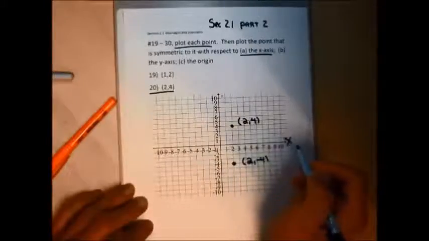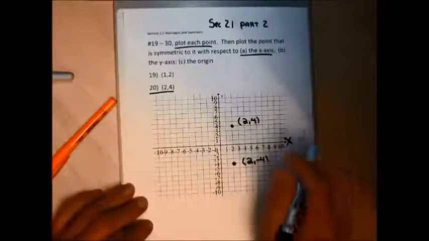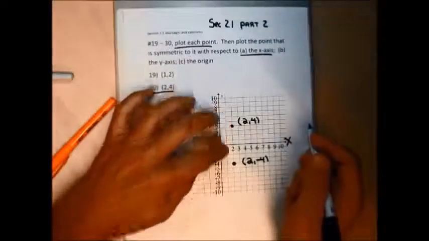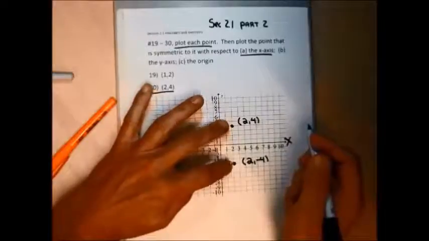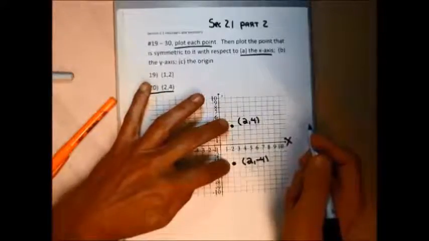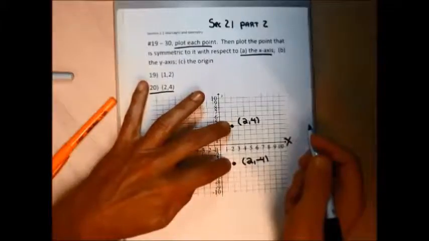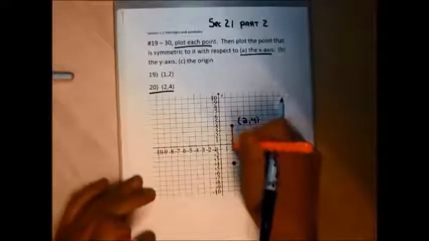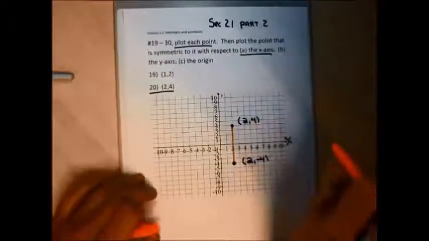we would say is its point of symmetry across the x-axis. So the points (2, 4) and (2, -4), we'd say these are symmetric about the x-axis because they have exactly the same distance from the x-axis and they're on the same vertical line that goes through the x-axis.